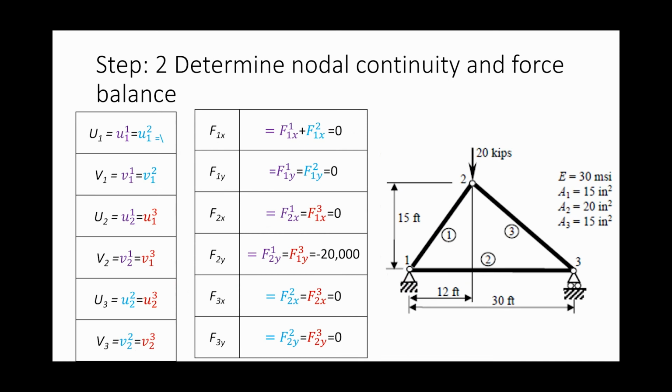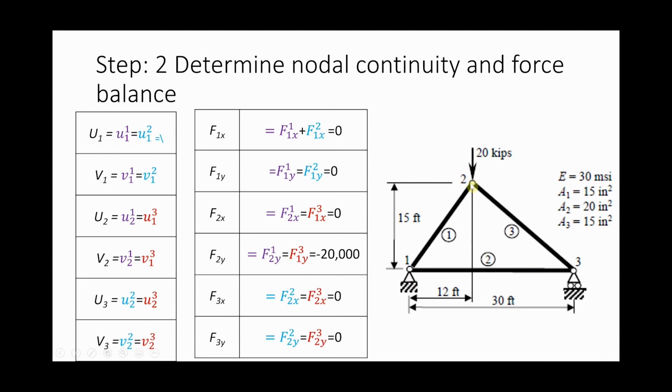So now we're going to look at our nodal continuity and force balance. So here's point 1. We know at point 1 we have end 1 of element 1 and end 1 of element 2.